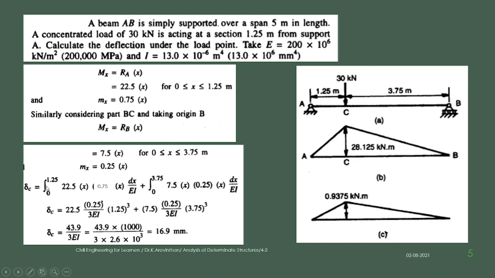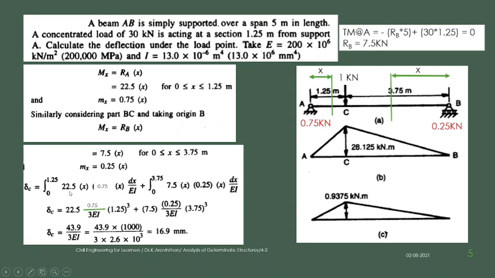It is written here, and the second limit, for CB, is 0 to 3.75. So 0 to 3.75 is the limit written here, and capital M is 7.5x and small m is 0.25x. If you simplify further and integrate, you will get 22.5 x square into 0.75.